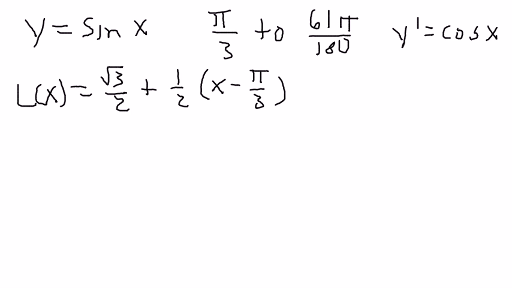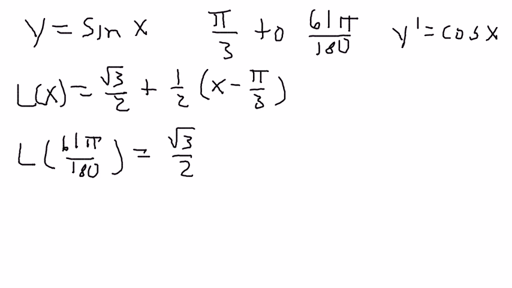If I plug in 61 pi over 180 right here, I end up with the linear approximation of 61 pi over 180. And remember, in our class, everything has to be in radians. It's going to be square root of 3 over 2 plus pi over 360 if I put 61 pi over 180 in there.